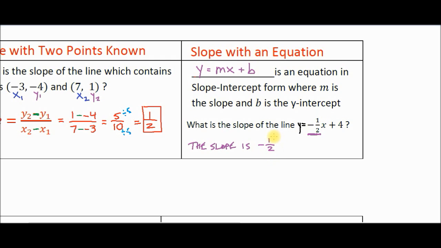You could also have written this as 1 over negative 2. Remember from previous discussions of slope, that minus sign can be out front or on top or on bottom. As long as it's in one of those three places, the fraction is the same. And if you think about this, negative slope, that means it's actually facing this direction on a graph. It's going from high to low as you go from left to right.